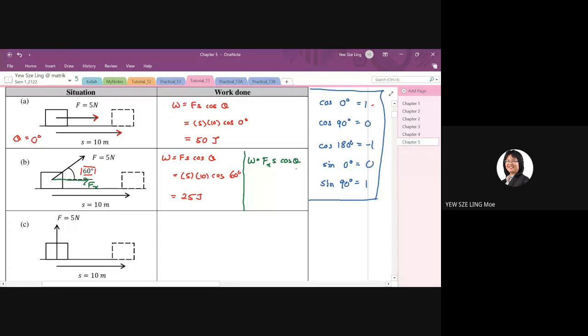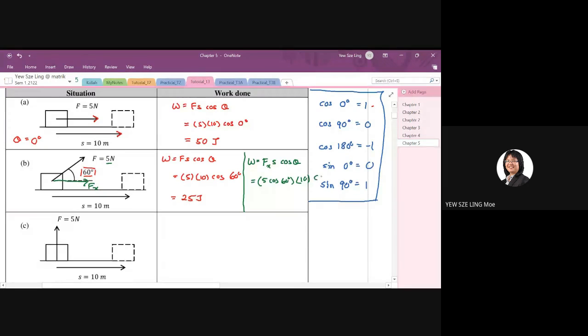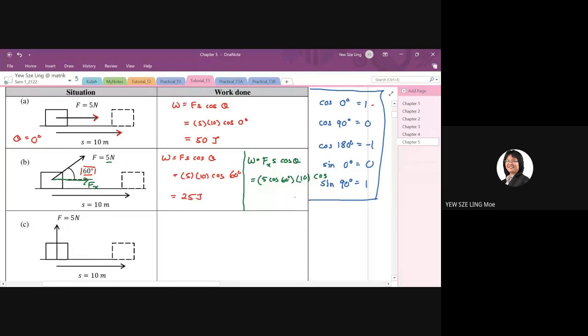Now you still keep this cos theta. When you expand this equation, your Fx component is F cos 60 degrees, which is 5 cos 60 degrees, times S, the displacement, 10, and you need to keep the cos again, because this cos is part of the equation. You cannot just remove it from an equation.